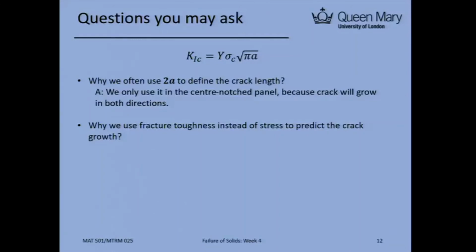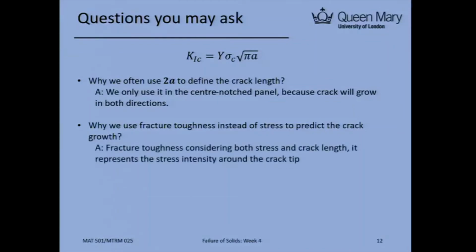You need to think about the crack length, initial crack length as well. So by using the stress intensity factor, you're accounting both of them, the stress and the crack length. That's why we need to cut a notch in your specimen. Okay? That's the answer.